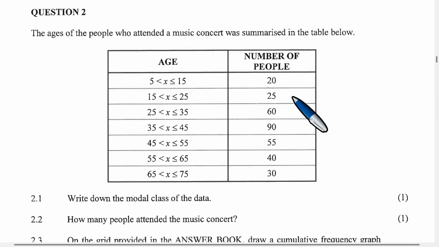So in other words, there are those people who attended the music concert and their ages. Obviously you can see the age is between 5 and 15.